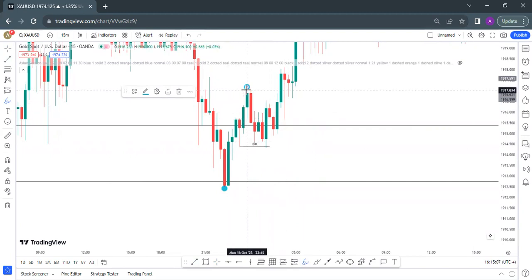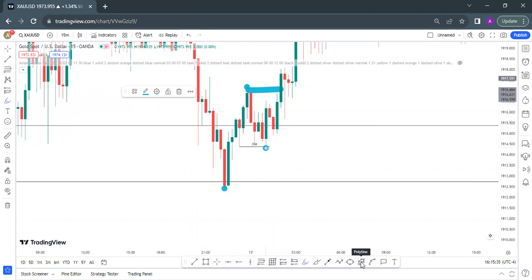Now, to confirm this area as a low, we need this area to break structure. So this area needs to be broken. We have to get a BOS to be able to confirm that.